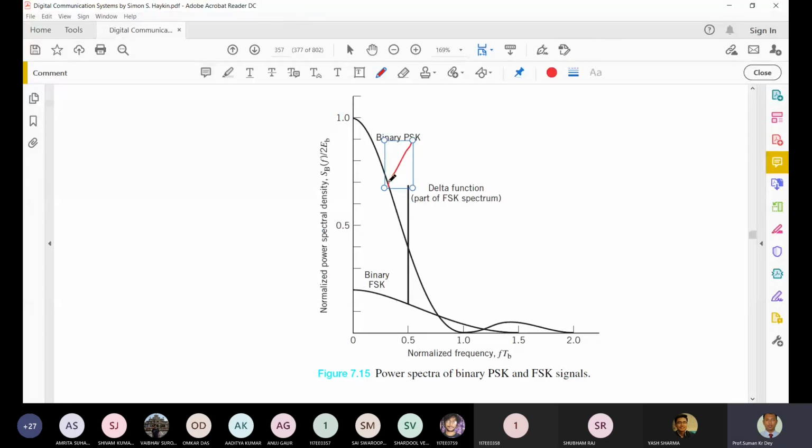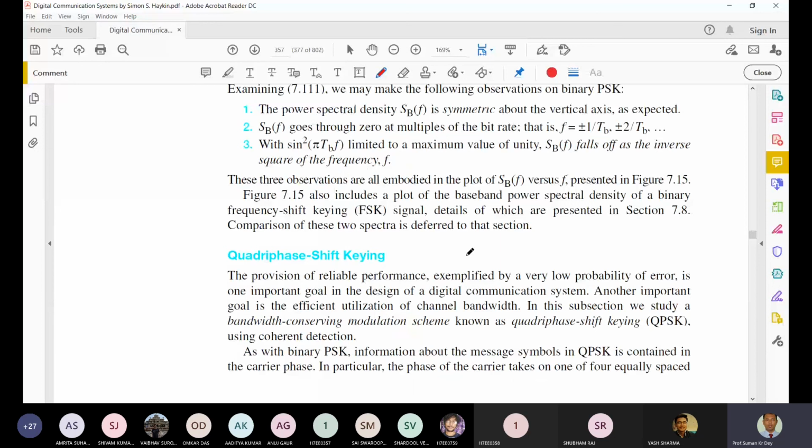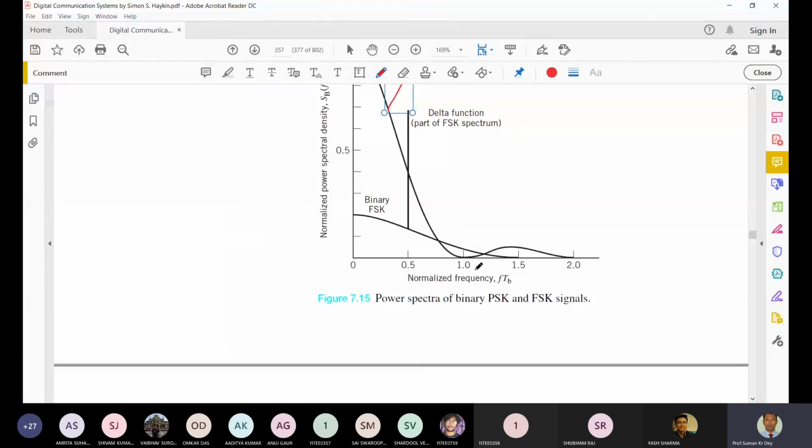It starts from 1 because the maximum value of sinc is 1, and as we discussed, it will touch 0 at plus minus 1 by Tb, plus minus 2 by Tb, like this.